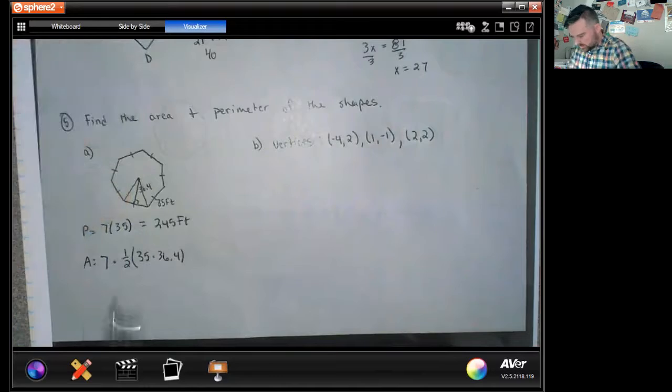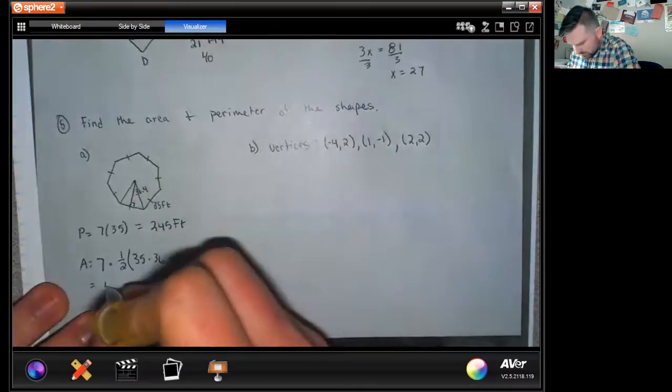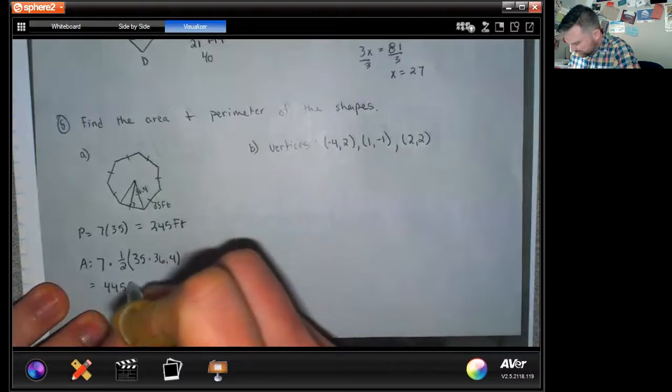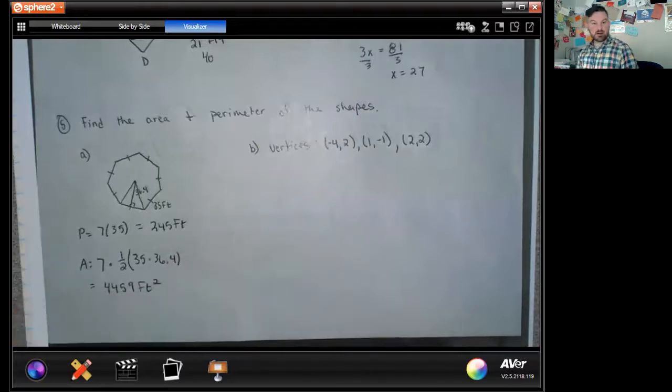All I got to do is put all that into the calculator. So 7 times 1/2 times 35 times 36.4. And we get 4,459 feet squared. It's square because it's area.